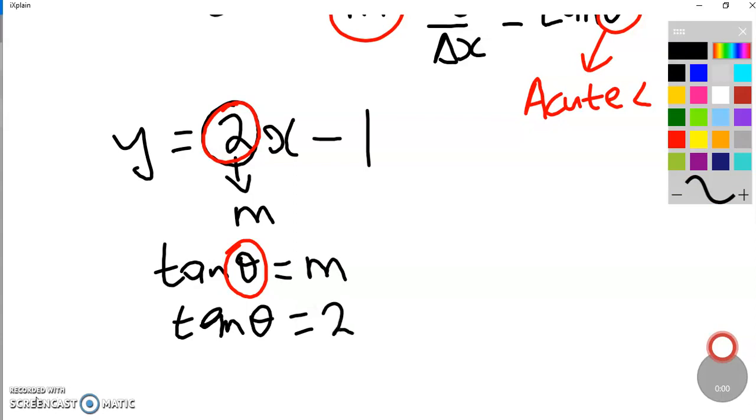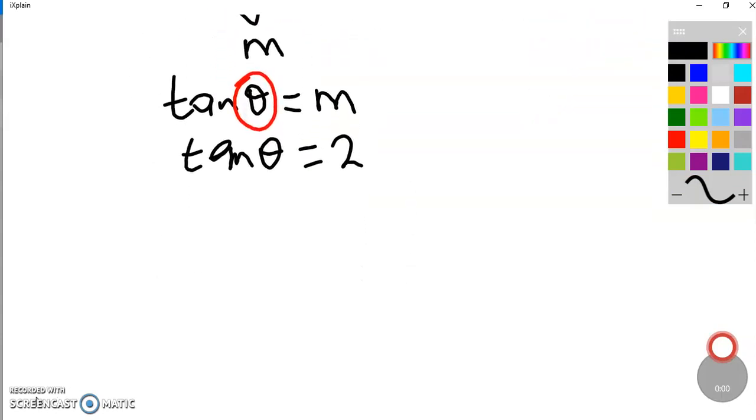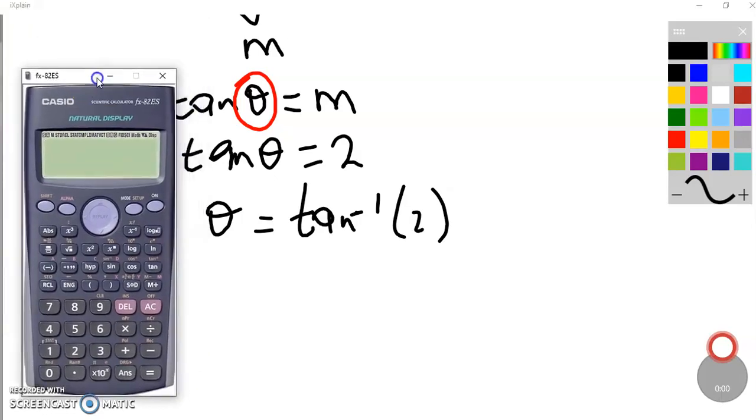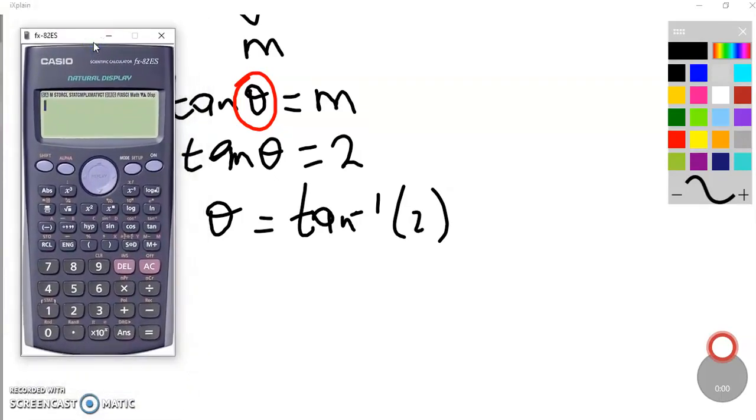And to find theta, you need to take arctan of both sides. So theta will be equal to arctan of positive 2. To find arctan of positive 2, you can use your calculator. First, press shift, then tan, that is arctan, then 2. Please make sure that your calculator is in degrees.